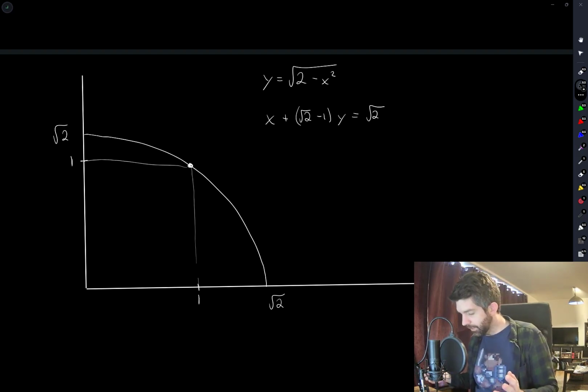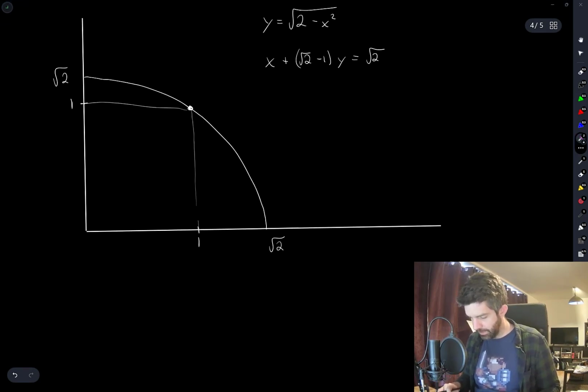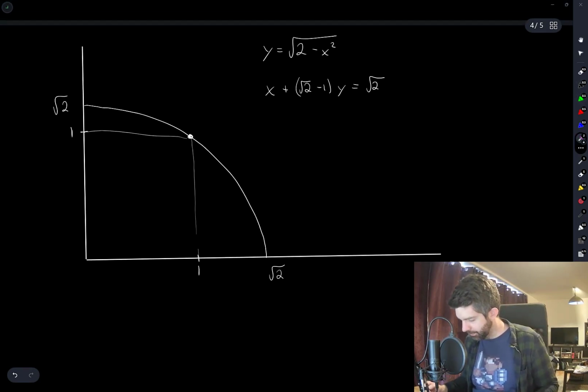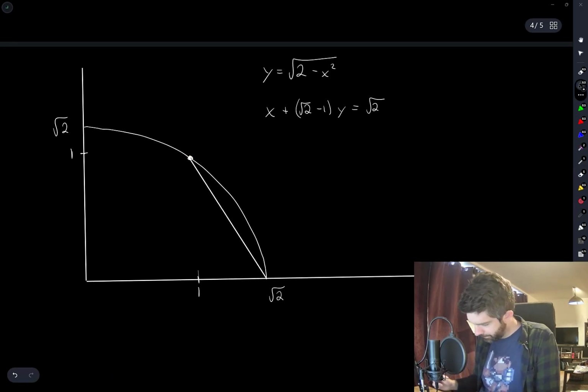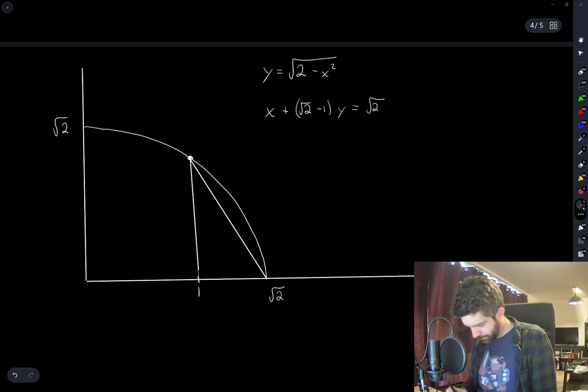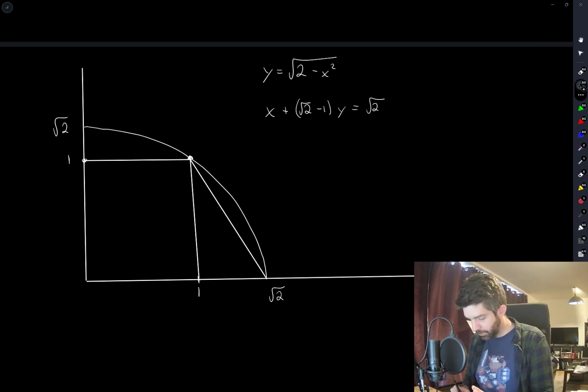Okay, now that I draw this picture, I see a much easier way of doing this. The area, oh wait, no, I don't. Okay, I'm going to do this purely geometrically.